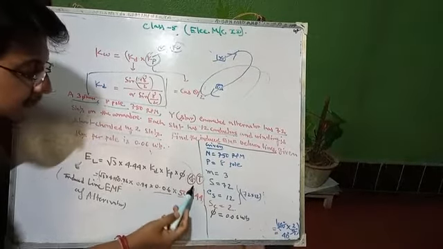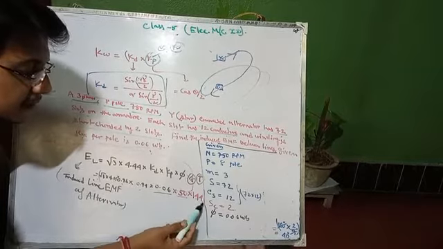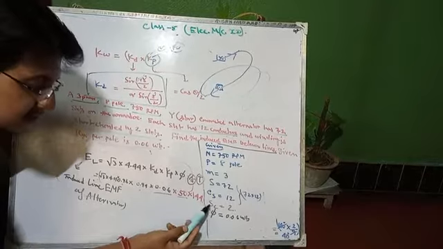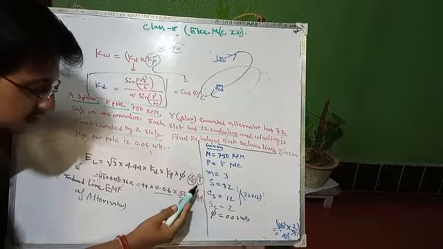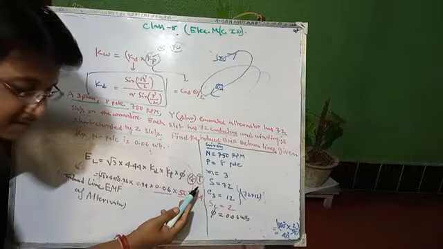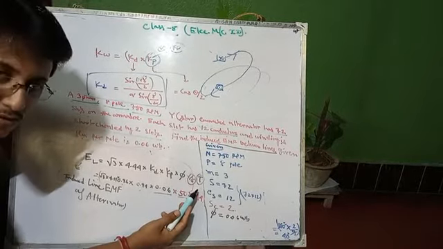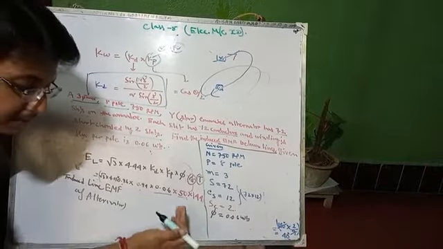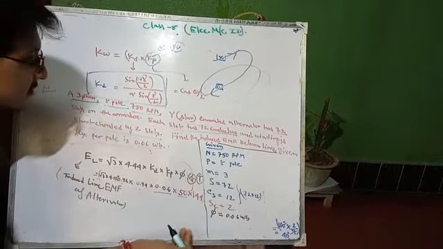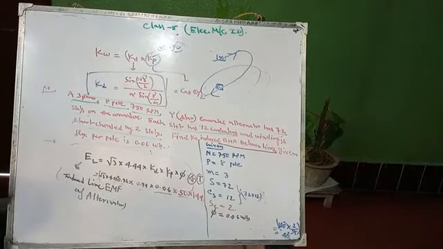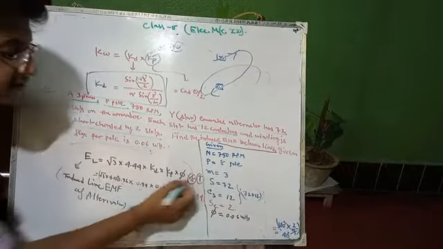T is the number of turns, that is 144 per phase. The number of turns is calculated using the number of series conductors per phase by 2. The number of series conductors equals the total number of conductors by the number of phases, and the total number of conductors is given as 72 into 12. So in the third step you can easily find this T calculation.